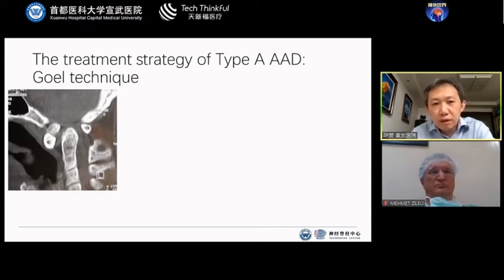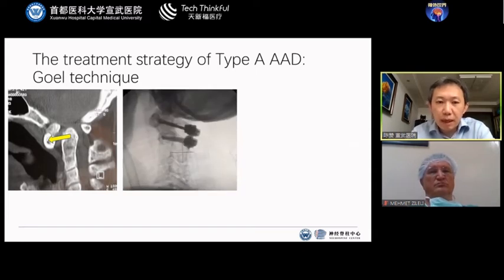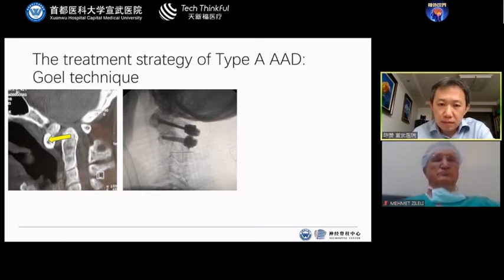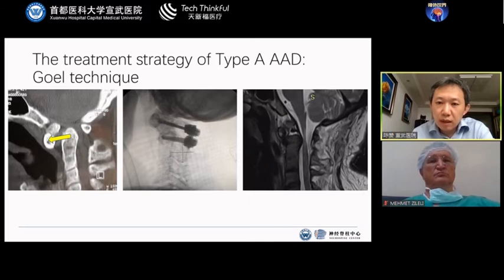For this kind of dislocation, we only need to reduce the transverse dislocation between C1 and C2. We release the facet joint on the bilateral side, place screws in C1 and C2 and perform posterior fixation. We can get sufficient reduction of the dislocation.